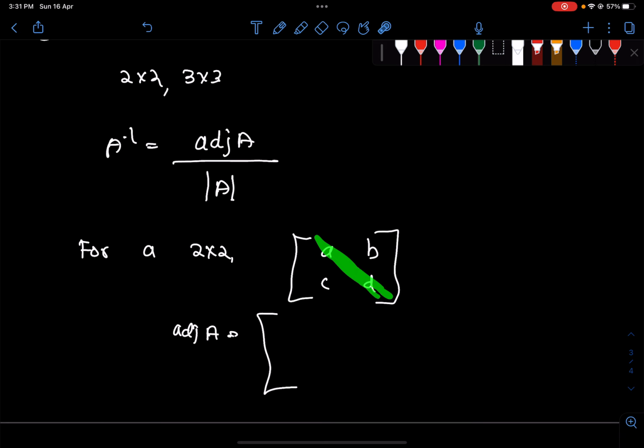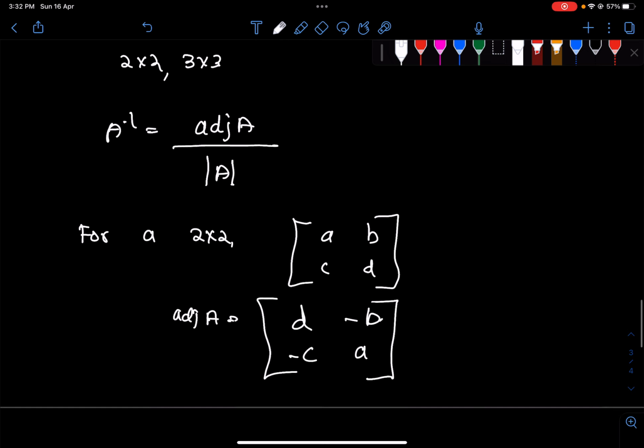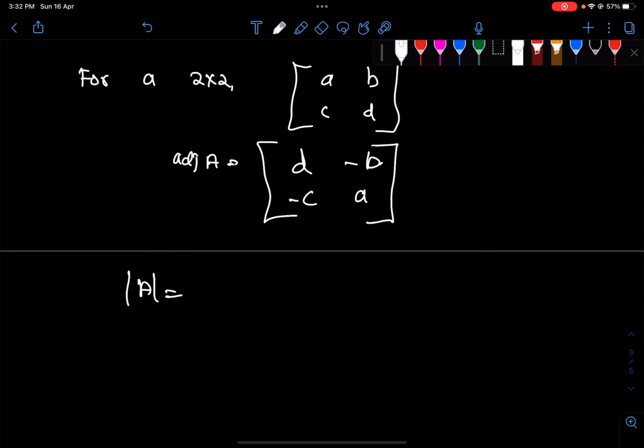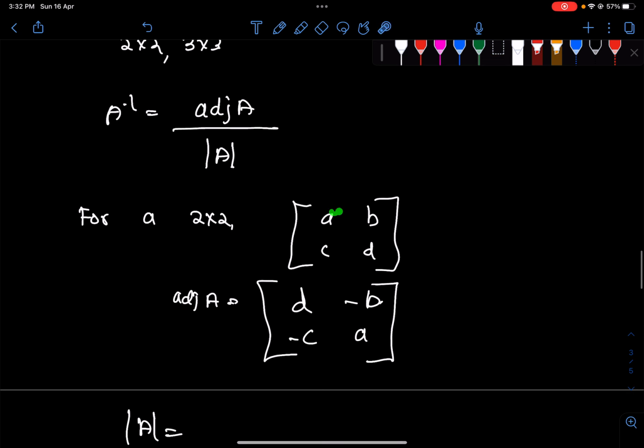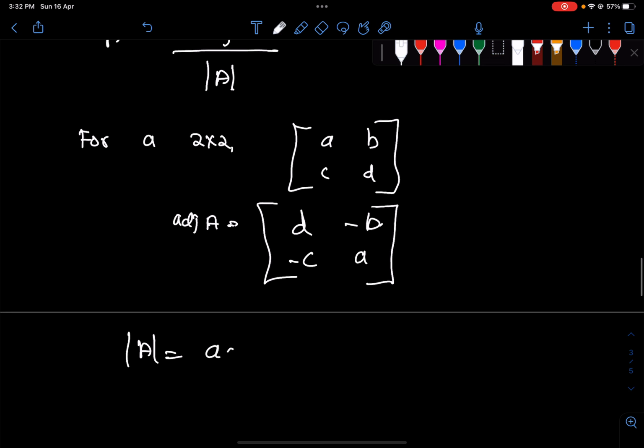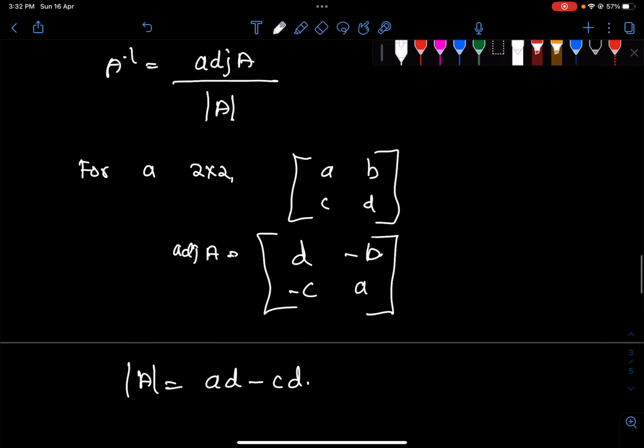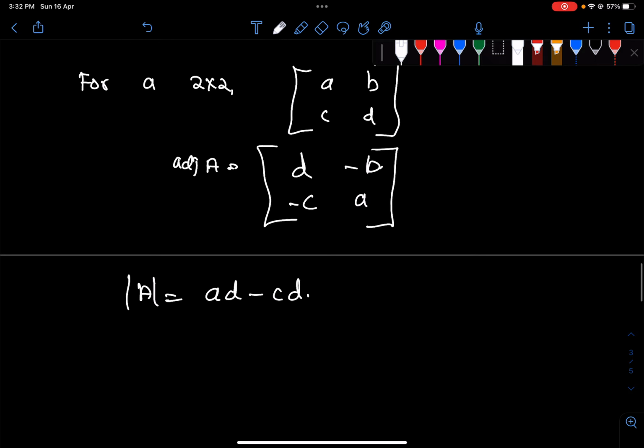Just interchange the diagonal elements, D and A, and apply negative to the others, so minus C and minus B. That is the adjoint matrix of A. The determinant of A is the first element multiplied with D, minus C times B. Using this, substituting, we can get A inverse. So A inverse is this matrix divided by the determinant of A.